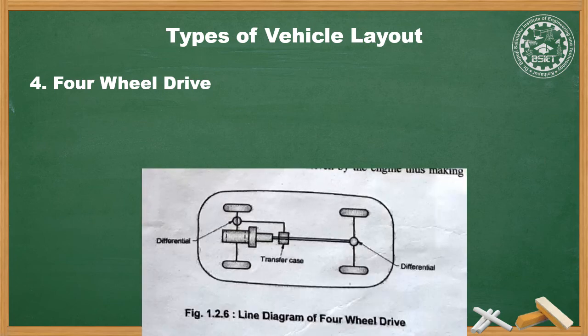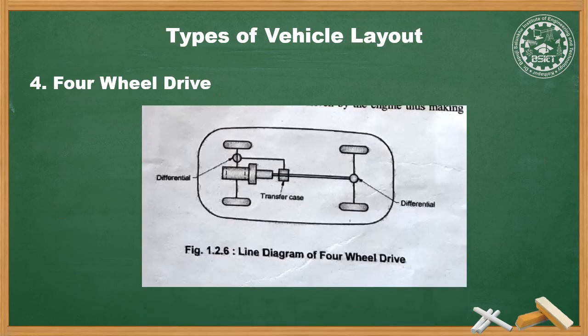The four-wheel drive vehicle layout, as shown in the figure, consists of an engine, clutch and gearbox connected with the help of universal joint and propeller shaft, the same as for front engine rear wheel drive. Only one extra component is used, called the transfer case.